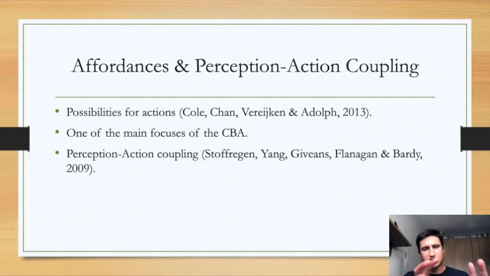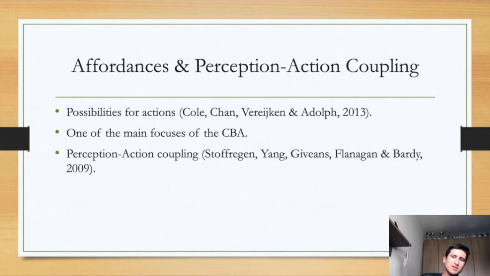Now, these affordances are greatly influenced by dynamic and performance factors such as experience and body size. Affordances are one of the main focuses of the constraints-based approach. And these affordances can appear and disappear based on the training that an athlete performs and the environment that they are placed in on a daily basis, even during the training.